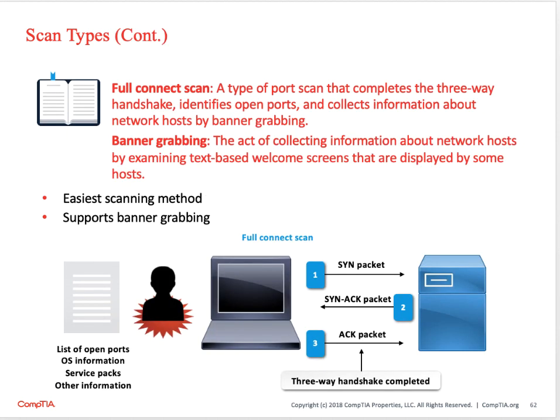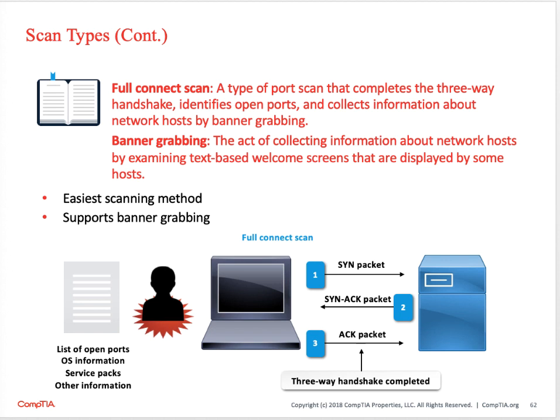Then we have a full connect scan. A full connect scan completes the three-way handshake, so it's more likely to be detected. However, it's the easiest way to do scanning, and it allows for banner grabbing. Banner grabbing collects information about a network host by examining welcome screens that are displayed on some hosts.